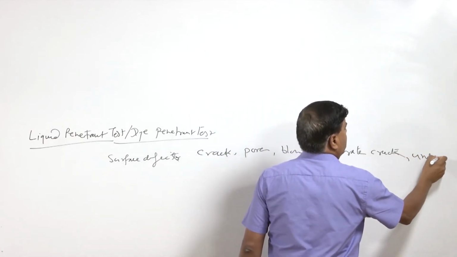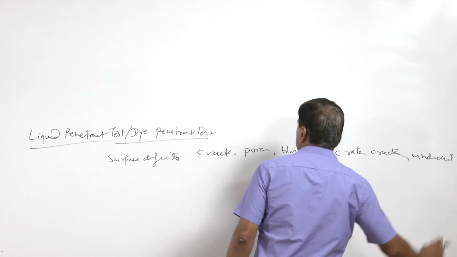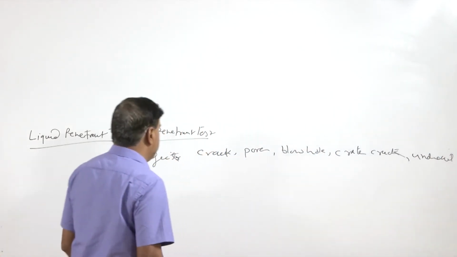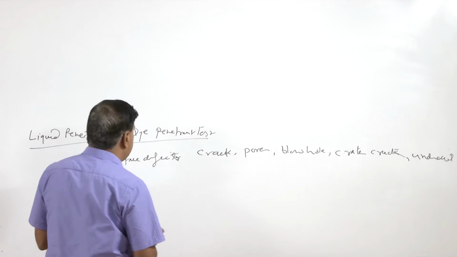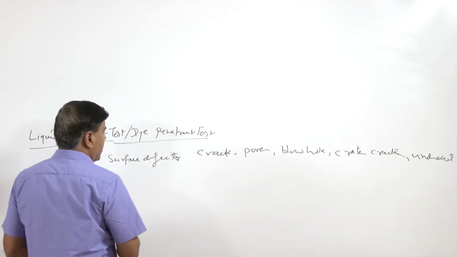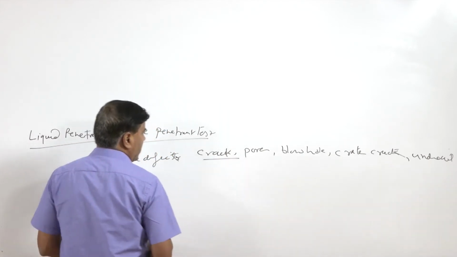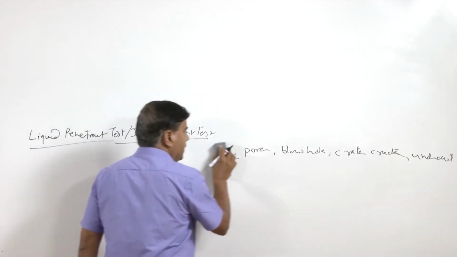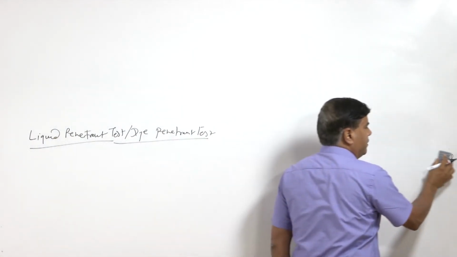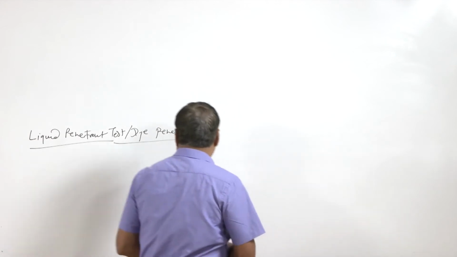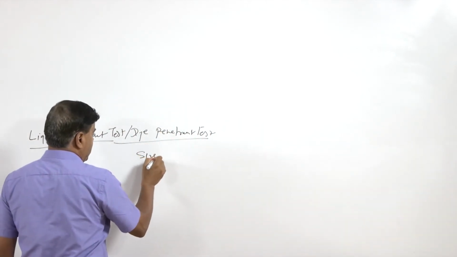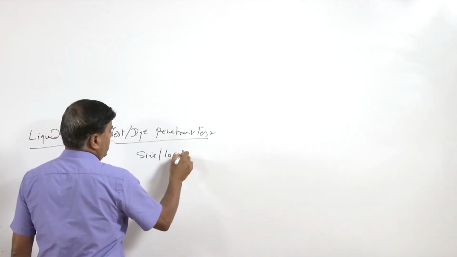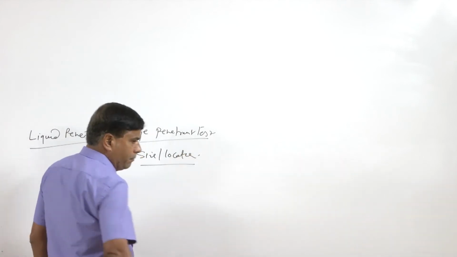These can be easily established with the help of the dye penetrant test. So, this is primarily for surface cracks. Very fine pores and cracks etc. can be easily identified and established with regard to their size and location where they are present.